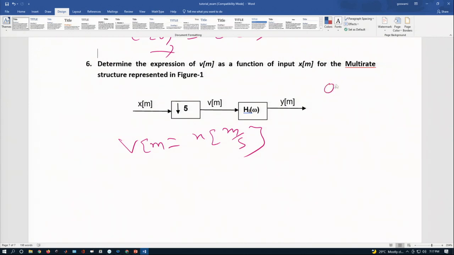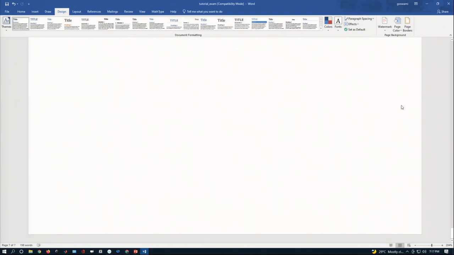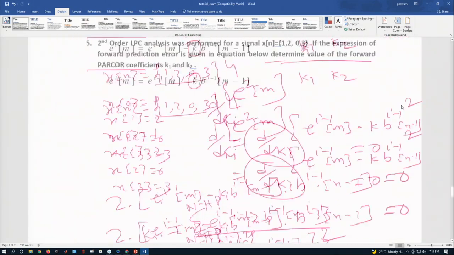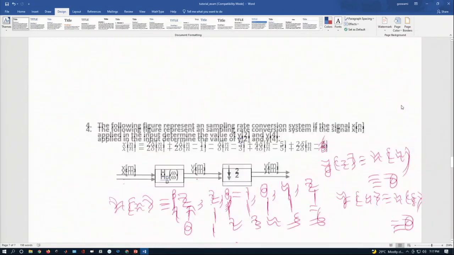I have to insert 4 zeros between 1st and 2nd sample, where m is equal to 0, m is equal to plus minus 5, m is equal to plus minus 10, like that. Okay. So this is the signal, this kind of mathematics you can expect from that question paper.